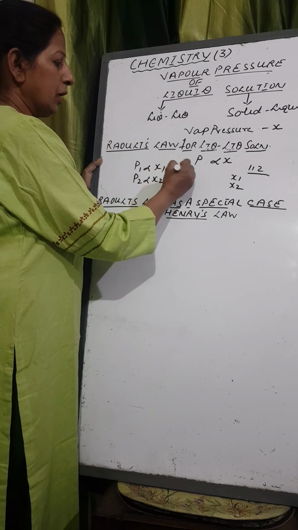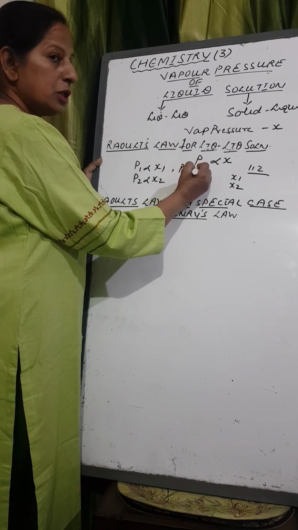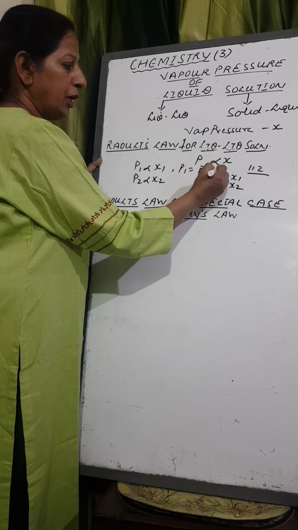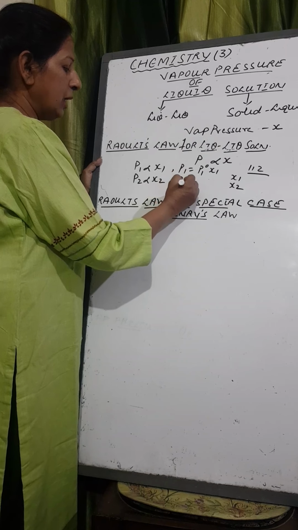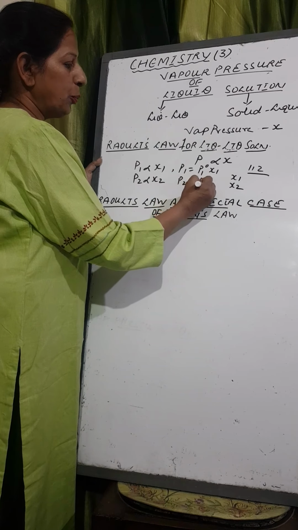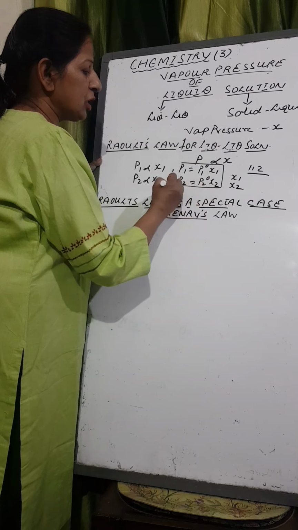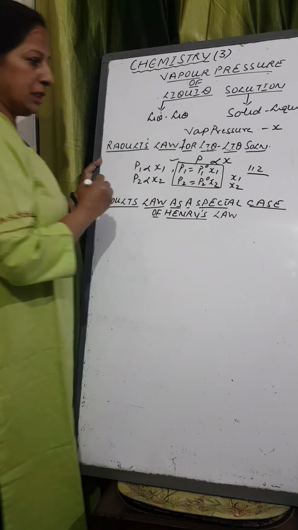Or we can say P1 equals a proportionality constant, which is P1 naught, into chi 1. Similarly, P2 equals P2 naught into chi 2. This is the expression of Raoult's law mathematically.